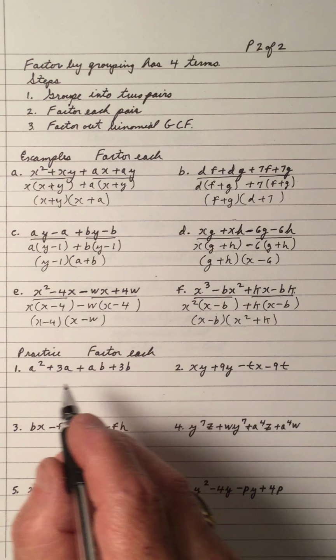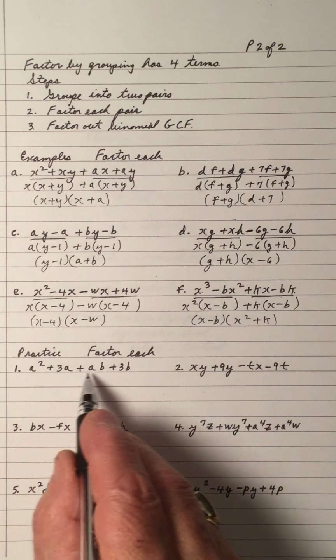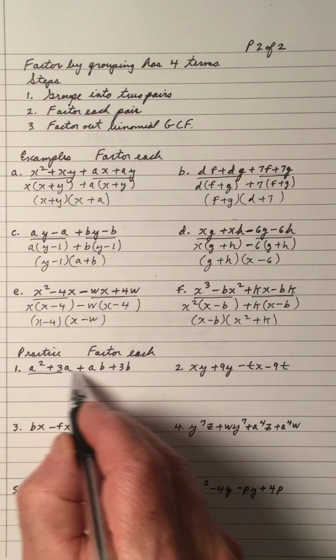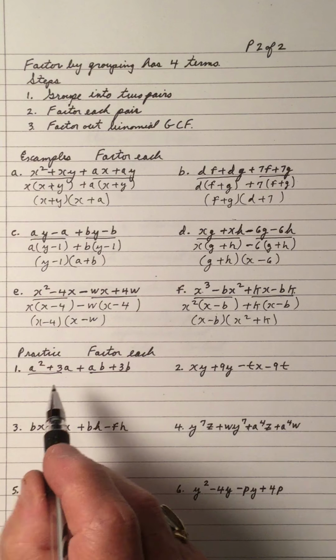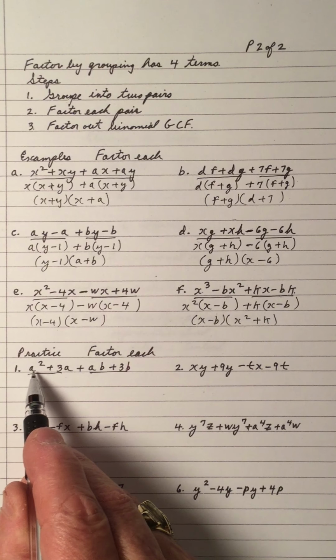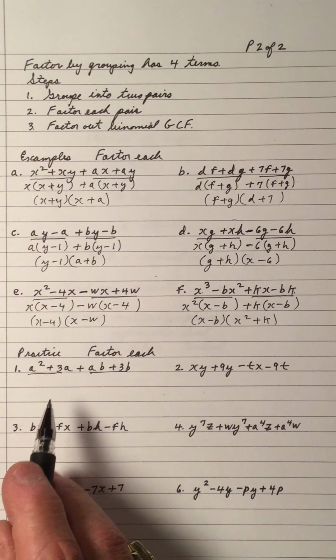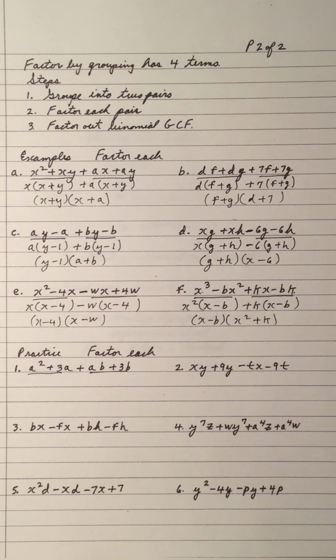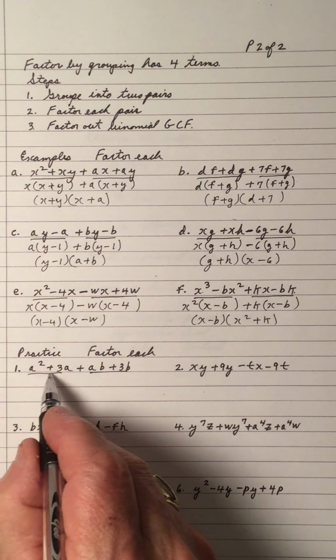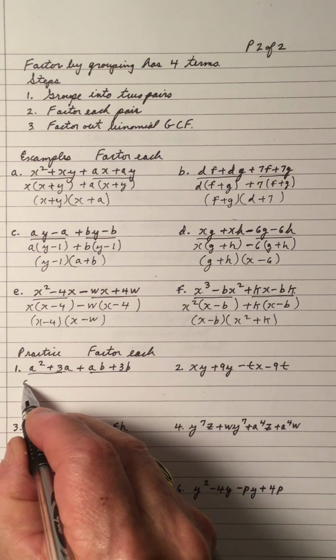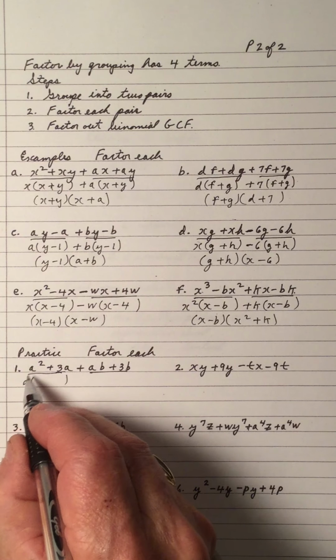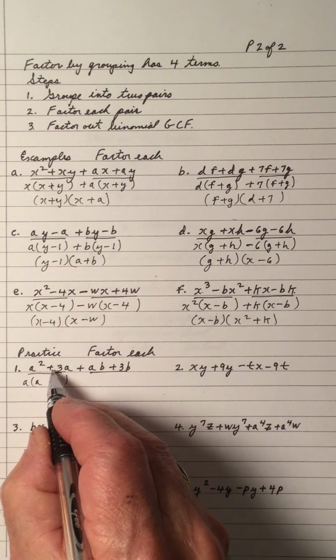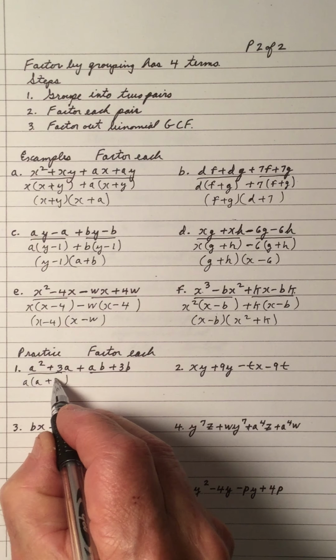Here we go. Factor. No term common to all of them, but we break it up into two pairs. You always check to see if there's a common factor in all four terms, because if there is, you got to remove that first. But there's not, so we only do 2 and 2. A is the GCF. A squared divided by A is A. 3A divided by A is plus 3.